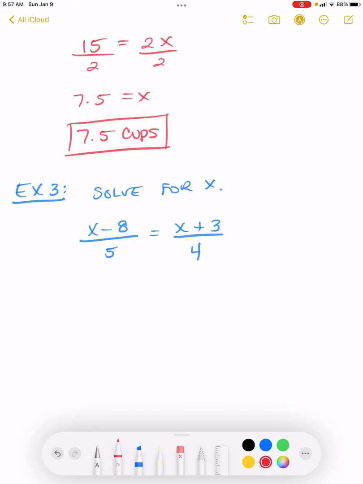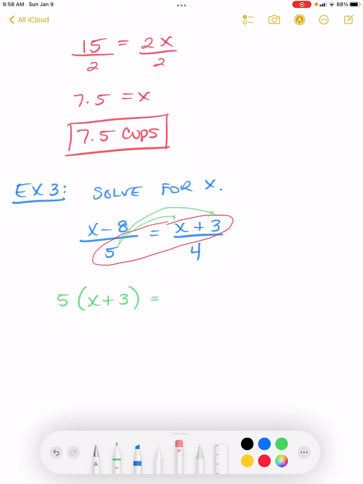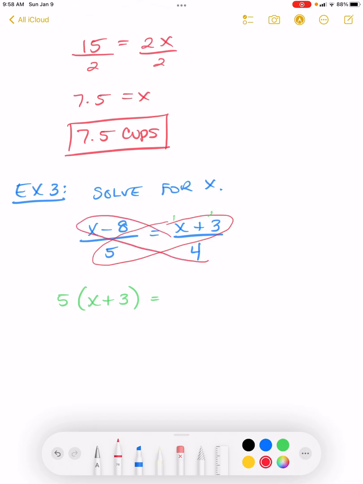So again, we set this up by cross multiplying because we know that these two quantities are equal. And this is going to be 5 times the quantity x plus 3. And I use a parenthesis because the 5 has to be multiplied by both. So if you want to just put 5x plus 15, that's totally fine too. And then we're going to cross multiply 4 times x minus 8 in a parenthesis.